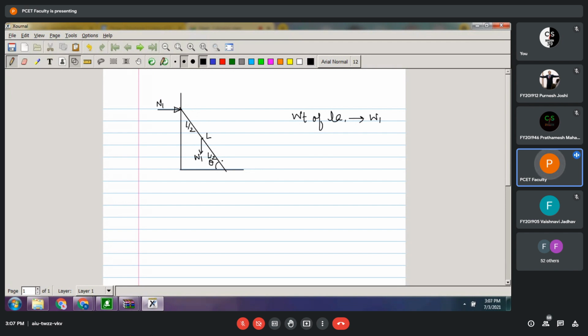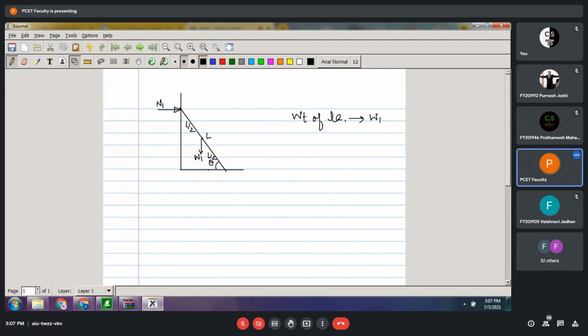But in some of the cases, it is given that centroid or center of gravity of the ladder is at this much length from bottom point or at this much length from top point. So accordingly, you need to consider that value or that point as centroid or center of gravity, and from that point you will apply this self weight of the ladder. Is it clear? Yes, ma'am.